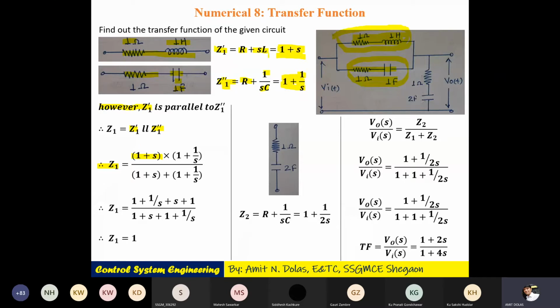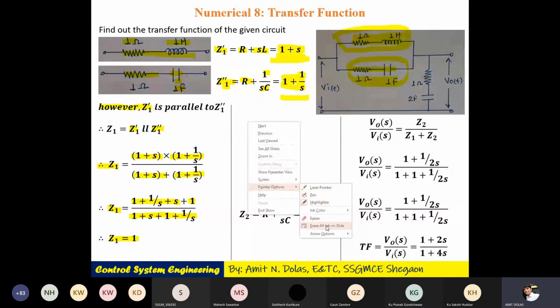So Z1 dash value is 1 plus S as we have calculated here, into 1 plus 1 by S as we have calculated here, divided by 1 plus S plus 1 plus 1 by S. Computing this, you will get Z1 only 1. Z1 is only 1.